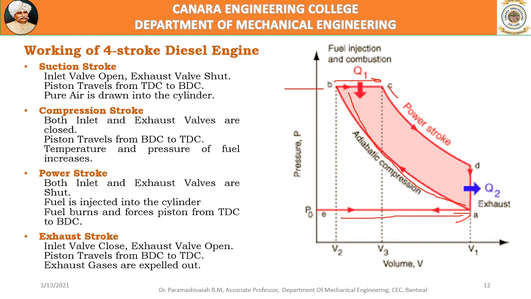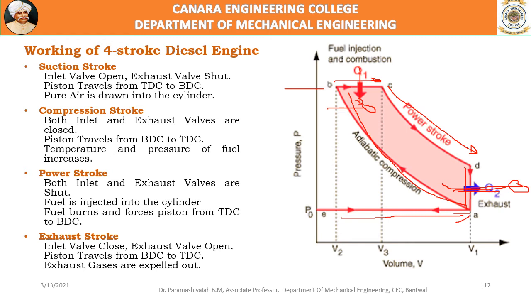Then C to D is the power stroke, the expansion stroke. Then D to A is constant volume heat rejection. In case of a petrol engine, it is constant volume heat addition and constant volume heat rejection. In case of a diesel engine, it is constant pressure heat addition and constant volume heat rejection.